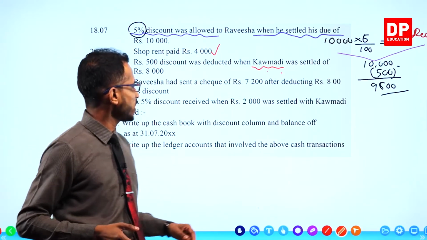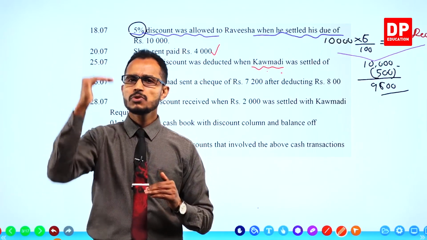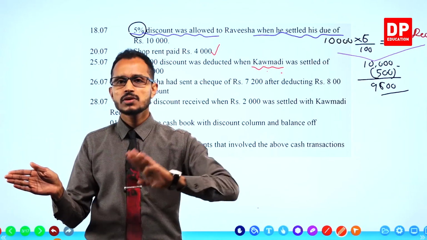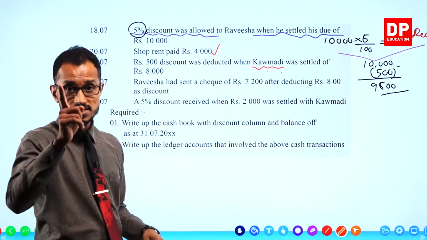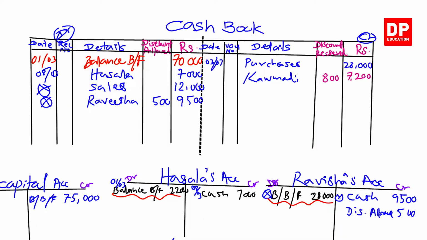Just a simple double entry. We are receiving cash, cash increasing, so cash book debit. Ravisha's account credit. Okay, with the discount, children, 7,200 and 800. We have done this type of transaction before.